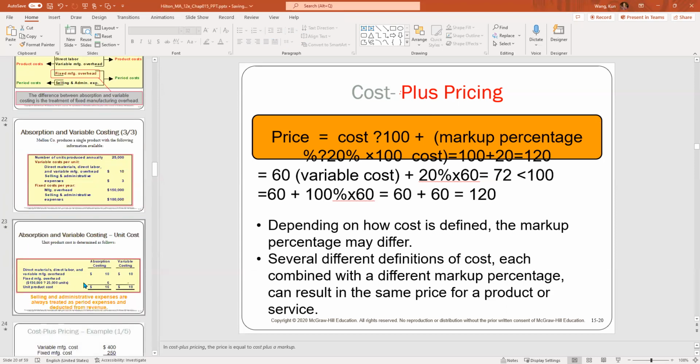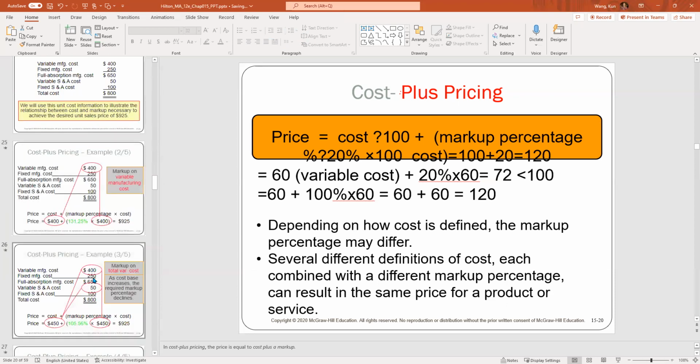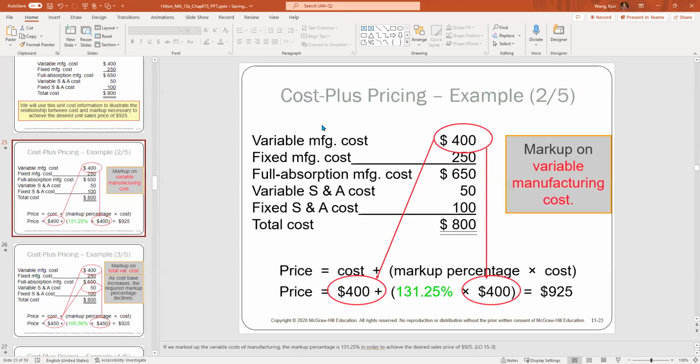Now let me jump to this one. Quickly, the book also has it. What are the 4 cost selections when you choose the markup rate? The bottom one is your variable manufacture cost only. It is even stricter than the variable cost I was using, because it only uses the variable manufacture cost or variable product cost.